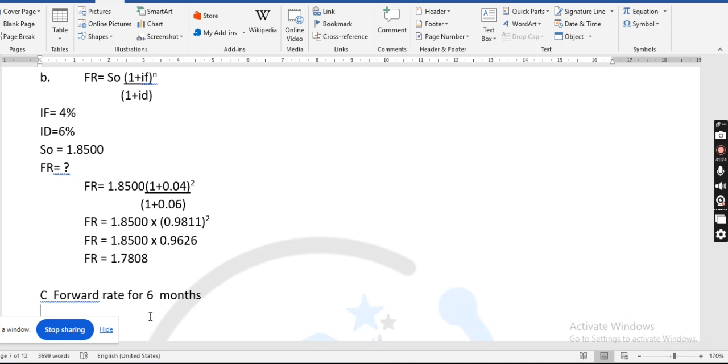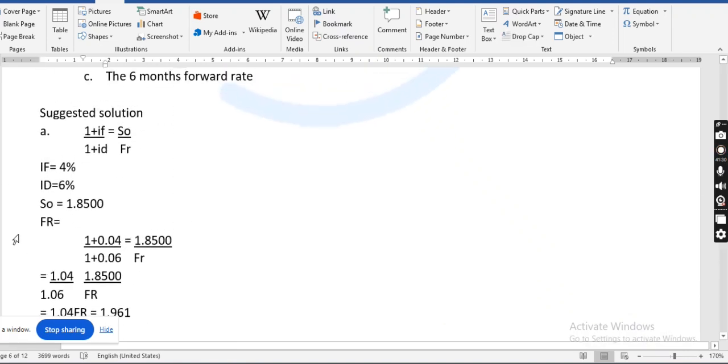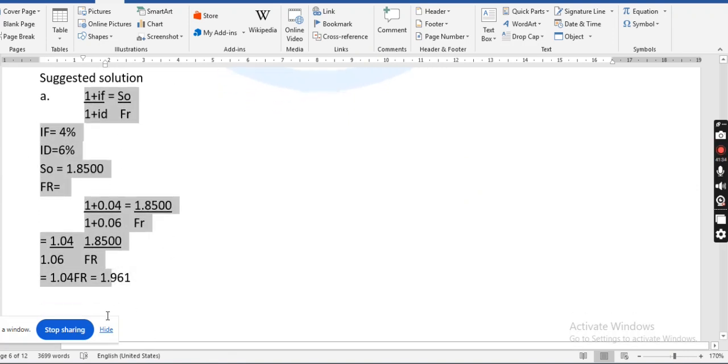You don't need to get confused. So now we move ahead to use this formula first to calculate the forward rate for 6 months. Then we will check the other one.